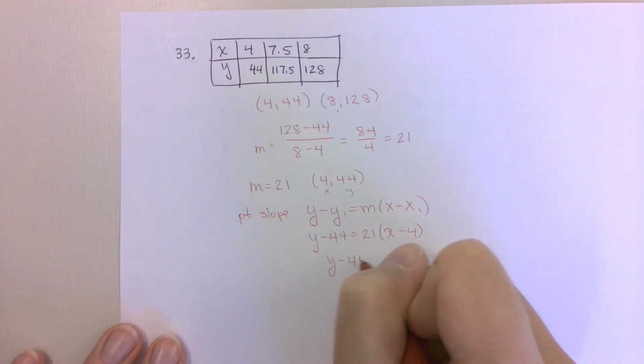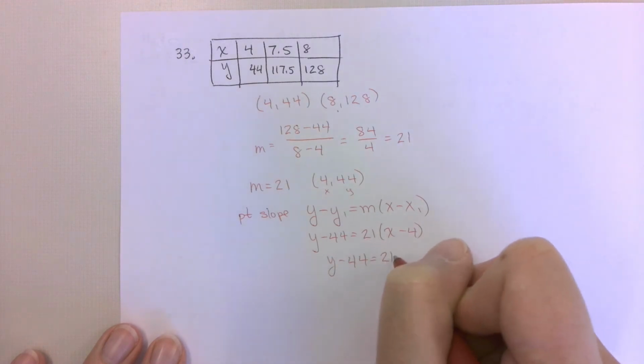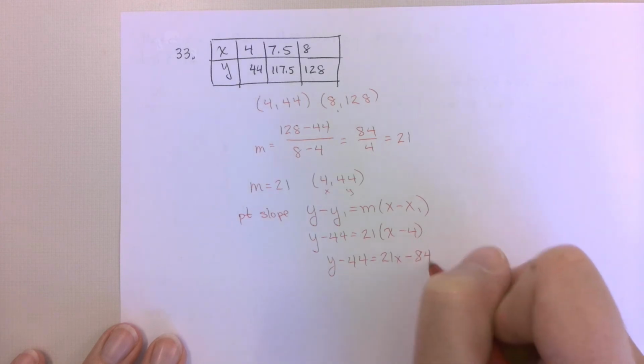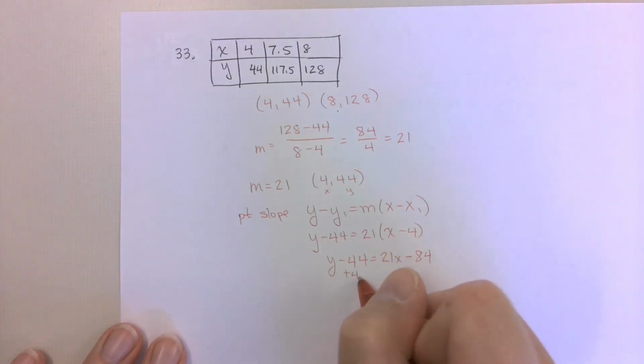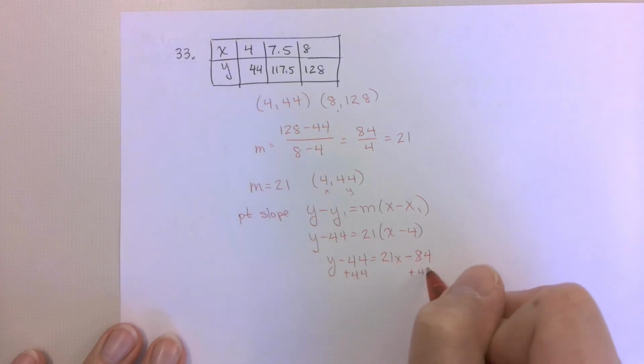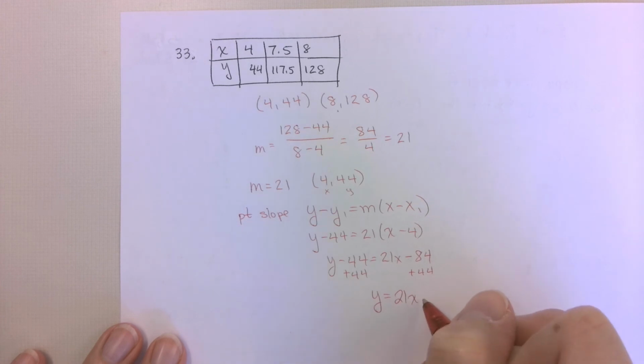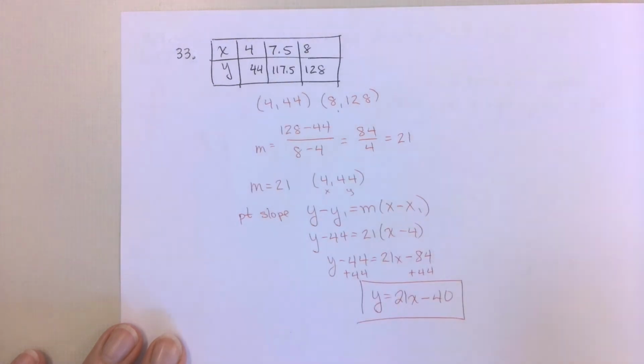Y minus 44 equals 21x minus 84. Then I would add 44 to both sides, and there it is: y equals 21x minus 40. That is the equation of my line.